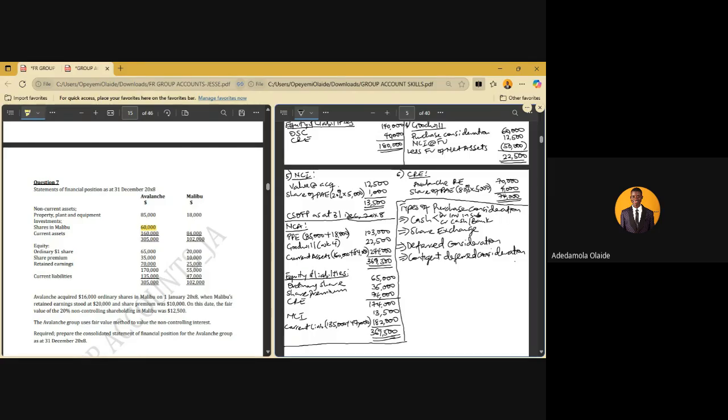But when we talk of share exchange consideration, what does it mean? Share exchange consideration simply means the parent company is selling their own shares to finance the acquisition of the subsidiary.